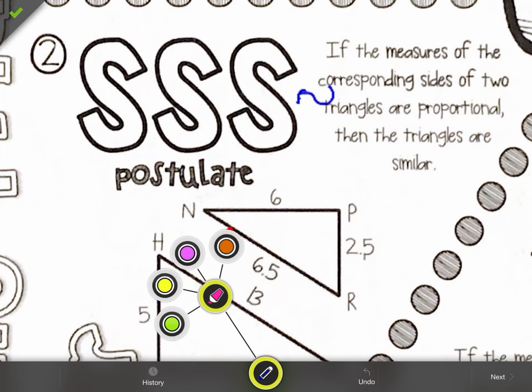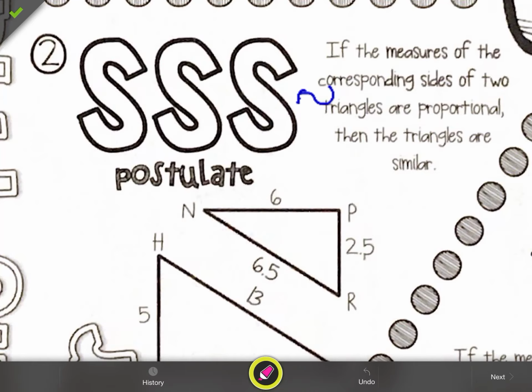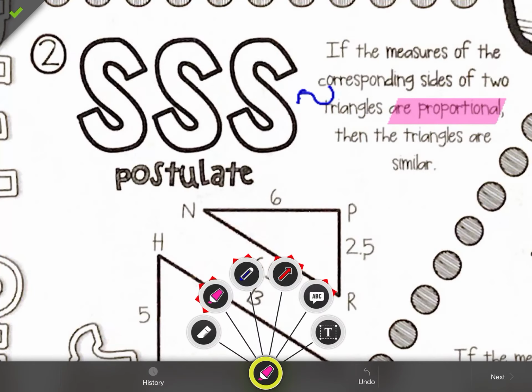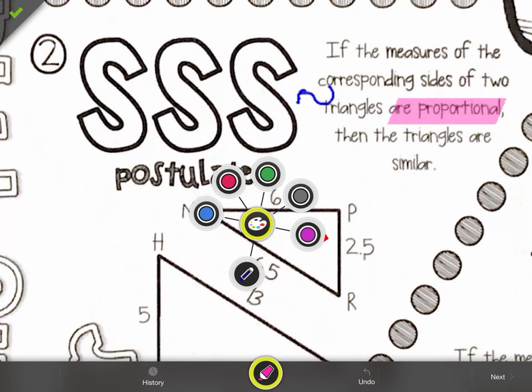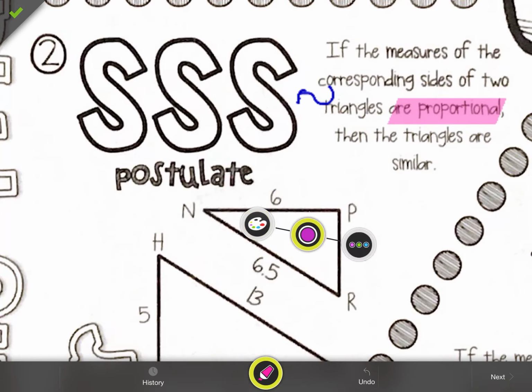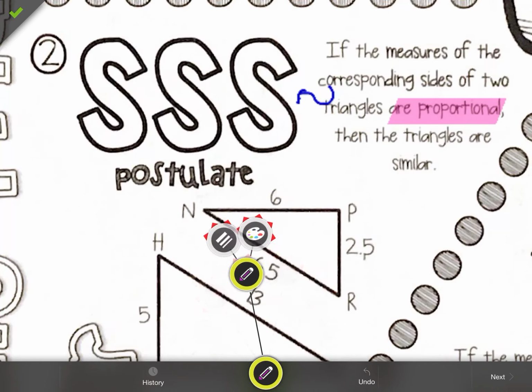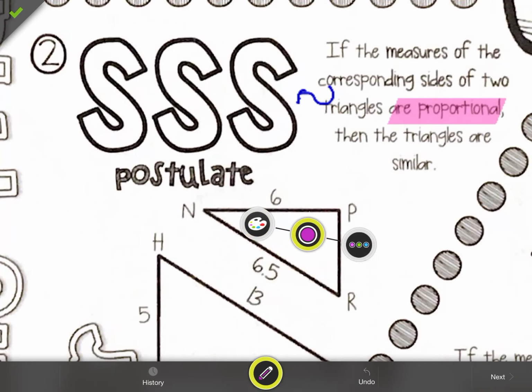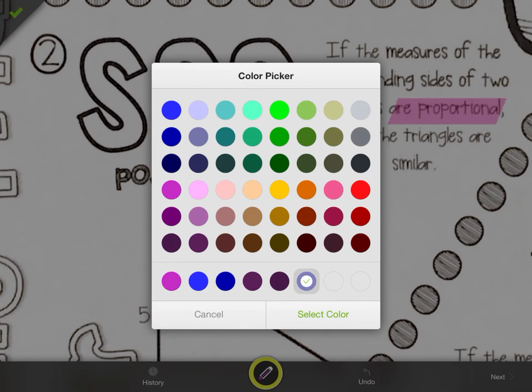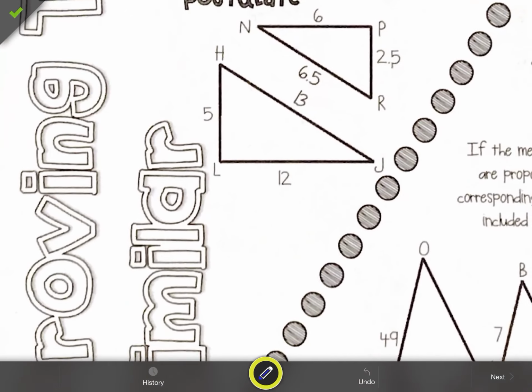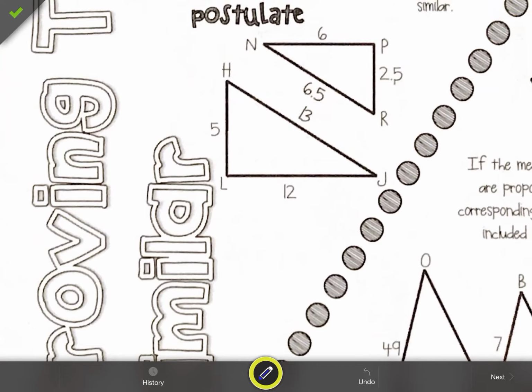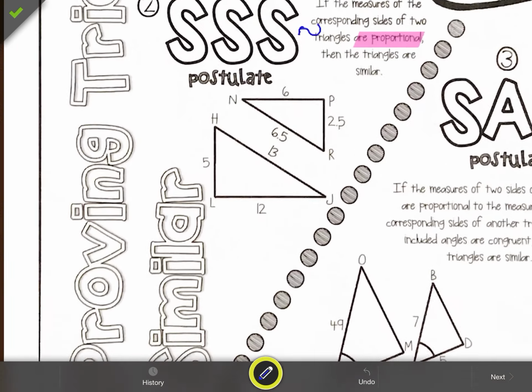Now, here's where it's different from congruent triangles. If the measures of the corresponding sides of two triangles are proportional, that's new, then the triangles are similar. So what do they mean by proportional? They mean that when you set them up in a fraction, and reduce and or simplify, you get the same thing for all three pairs of sides.